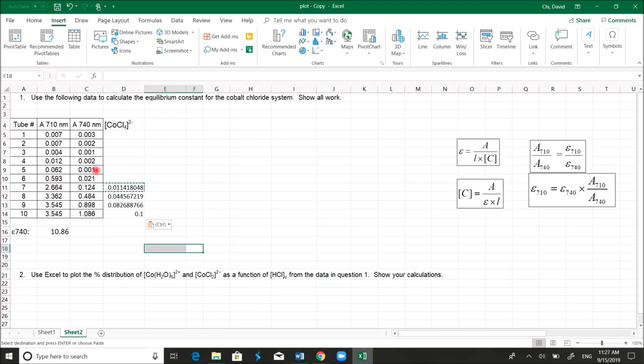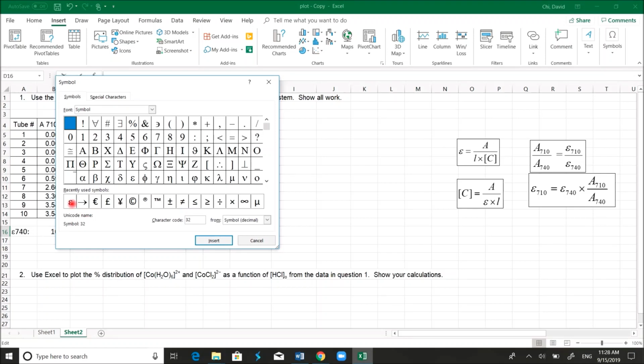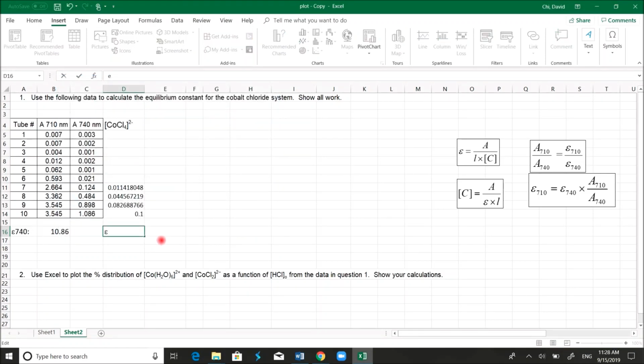Therefore, we will calculate the concentration for test tubes 1 to 6 using the 710 values. So first, we need to calculate the extinction coefficient at 710. So type epsilon 710.